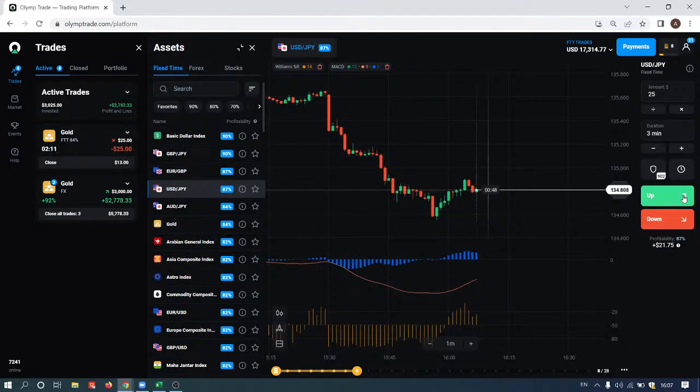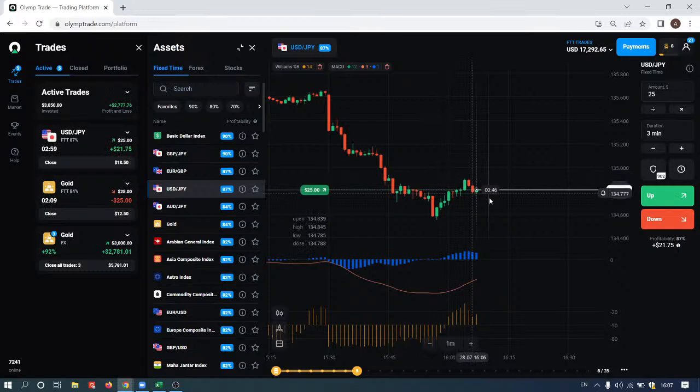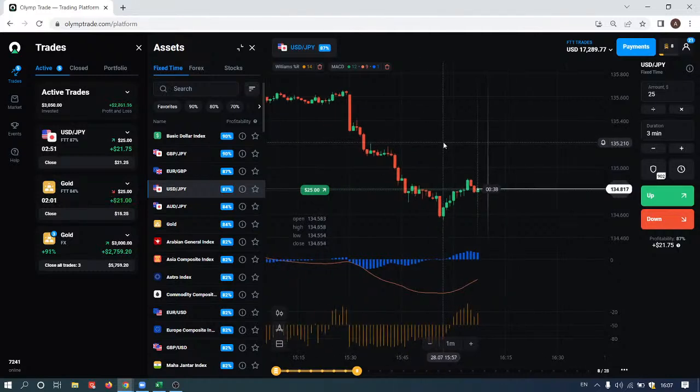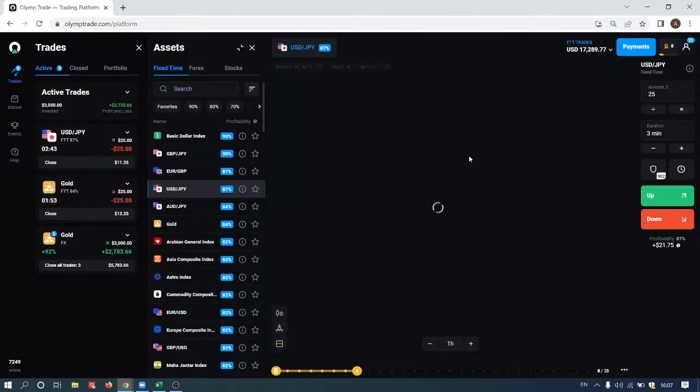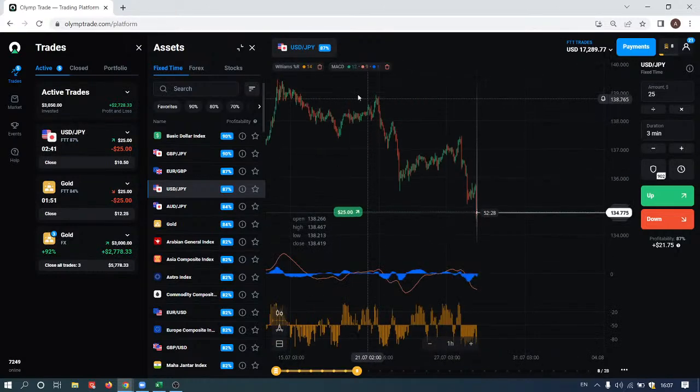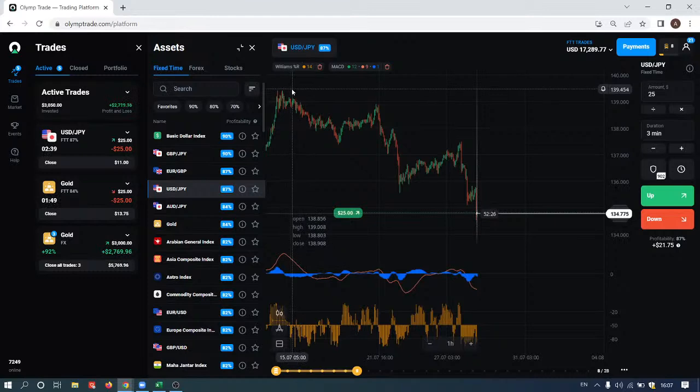Okay, so first of all, let me go ahead and open a trade in the upwards direction here on USD JPY, so the US dollar against the Japanese yen. Now, for those who are following the markets closely, we can see that we have dropped from 140, kind of like a very, very strong level.